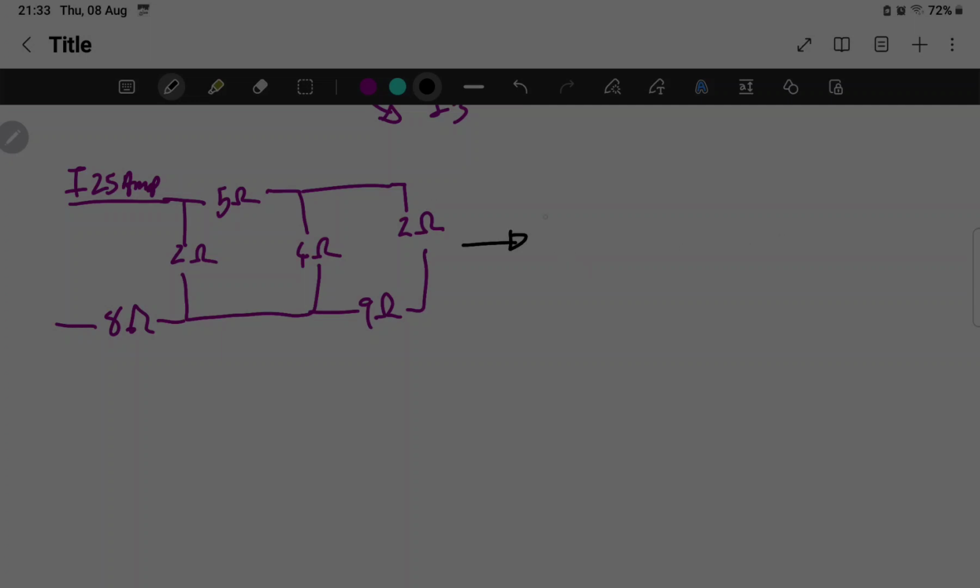We know that 2 and 9 are in series, right? So 2 ohms is in series with 9 ohms, and then we see that they are both parallel with the 4 ohm resistor. Then we see that the 5 ohms is divided between the 4 and the 2, but 5 and 4 is parallel to 2 ohms.